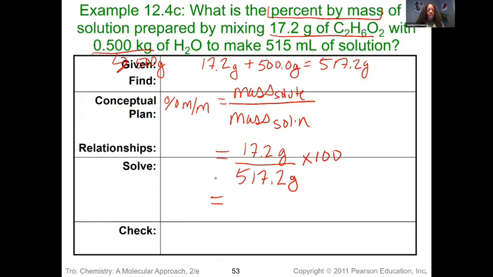When we plug that in, 17.2 divided by 517.2, and multiply by 100, that will give us 3.33% as our mass percent. Okay, again, the key here was recognizing that we needed to figure out what the mass of our solution was.